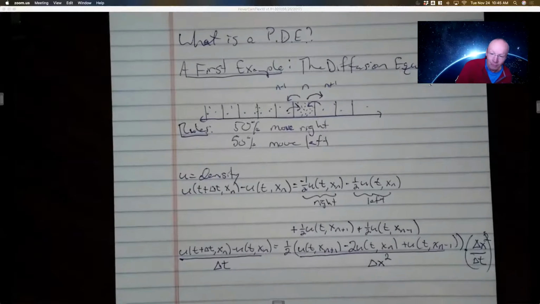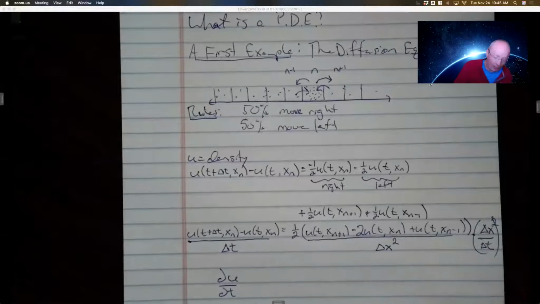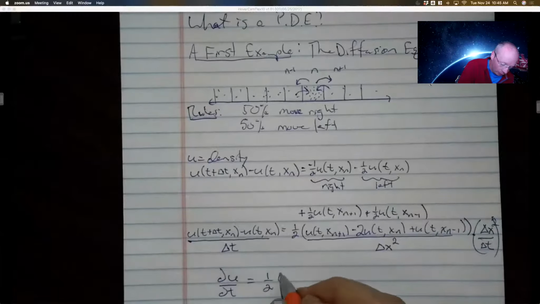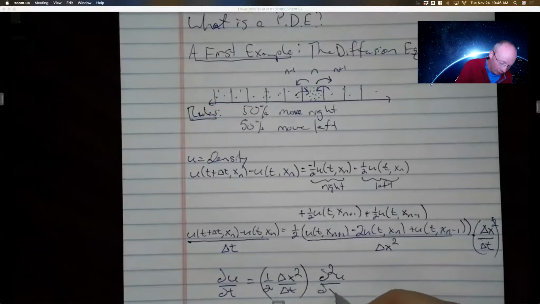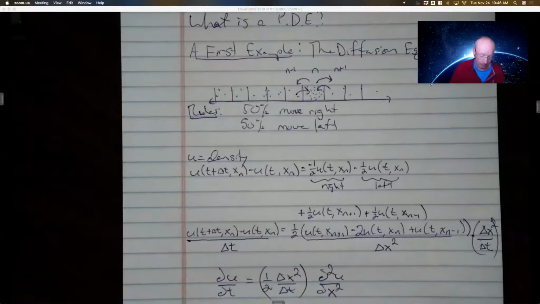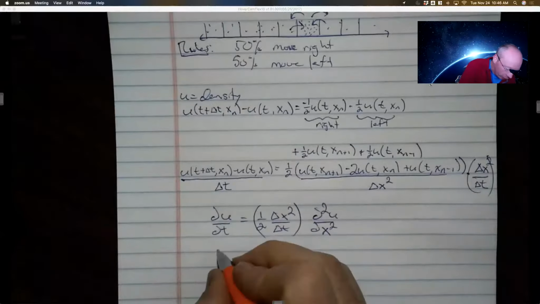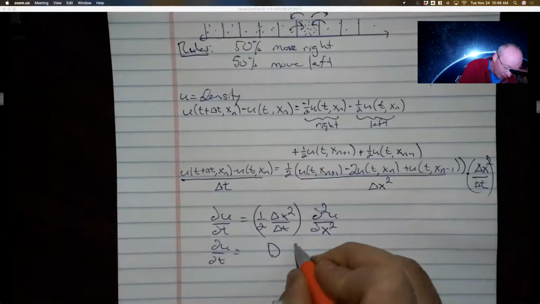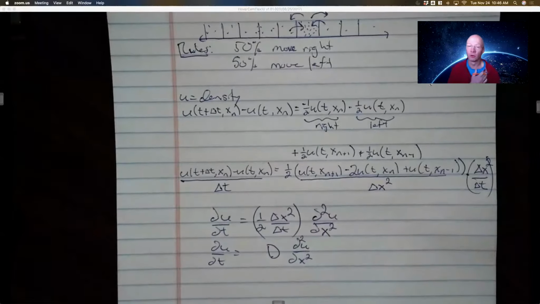But what I have now is a change in time is equal to 1/2 delta x squared over delta t, gathering those together, times a second derivative in space. And then lastly, I'm just going to call that coefficient D.